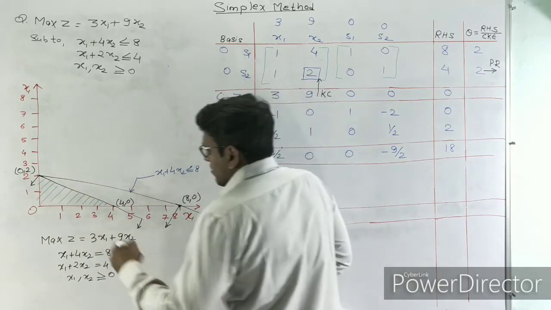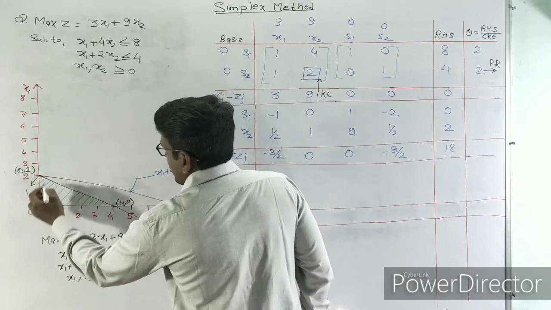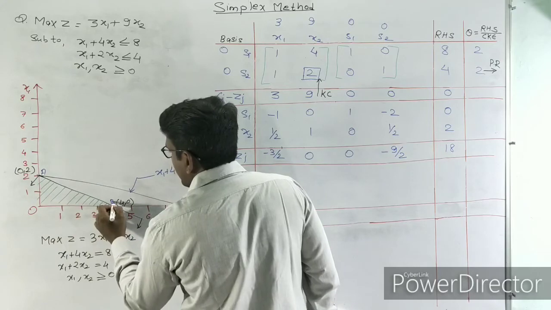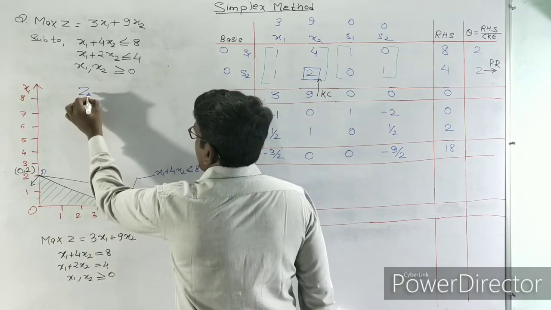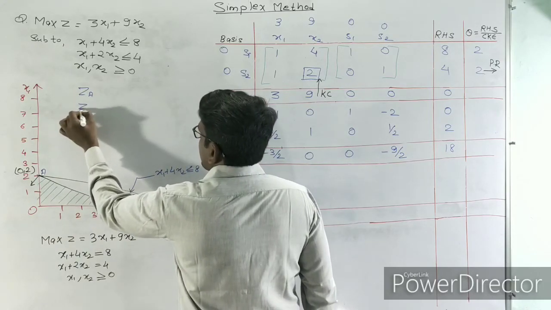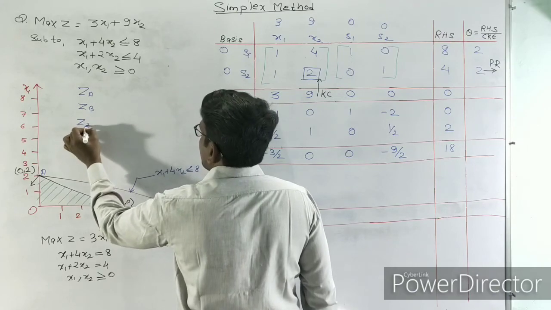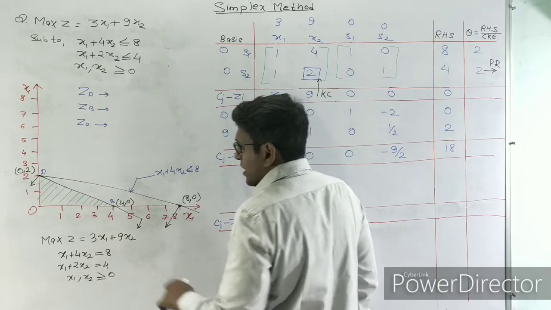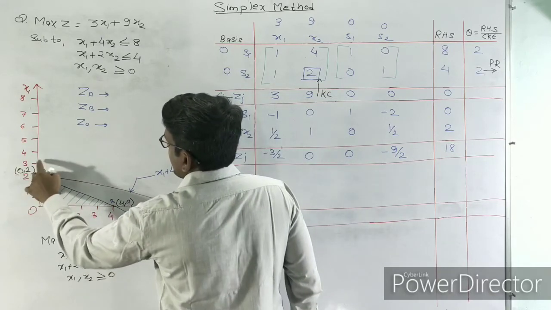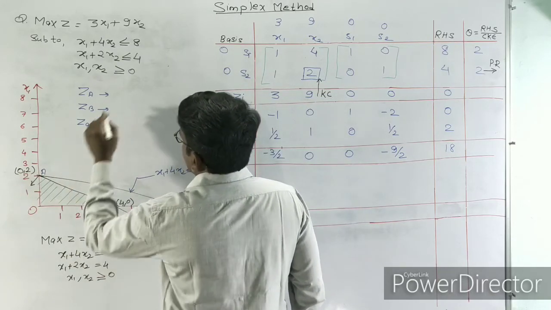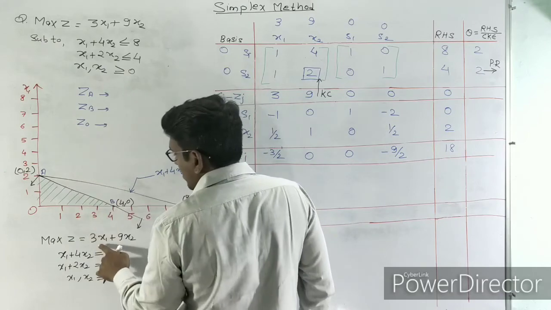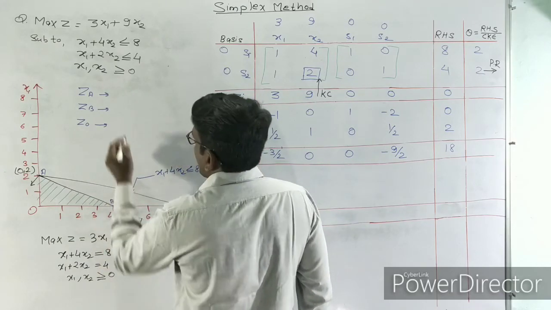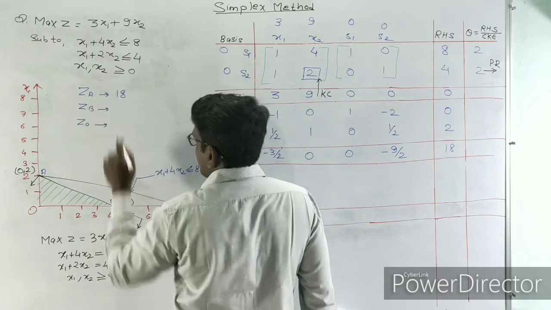Now to calculate the value of z, we can calculate it at corners A, O and B. Suppose I calculate z at A, z at B and z at O. At A the point is 0 comma 2, that means x1 equal to 0 and x2 equal to 2, I'll get the value as 18.